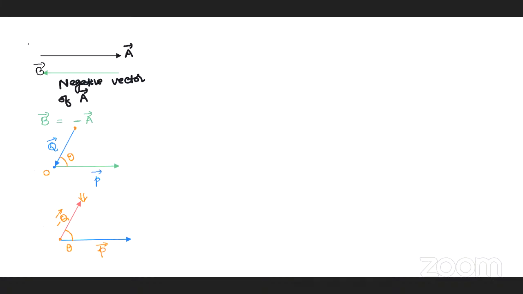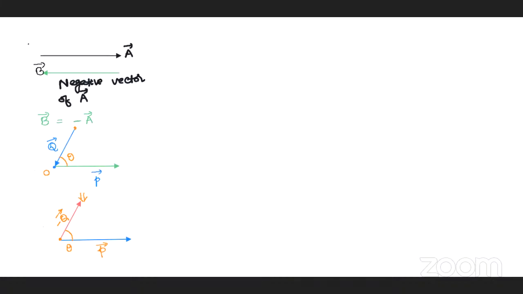But it is the angle between whom? Not P bar and Q bar. It is the angle between P bar and negative Q bar, one vector and the other the negative vector of Q bar.